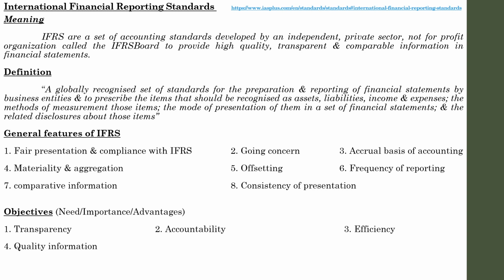So with regard to quality information, IFRS helps to provide high quality, transparent and comparable information in financial statements and other financial reporting to help participants in the world's capital markets and other users to make economic decisions. We have discussed that.